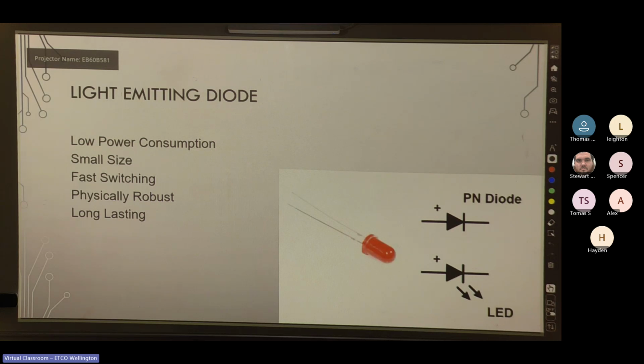Who can give me a reason why we might use LEDs versus fluorescent lights in particular installations? Yep, running costs. Can anyone think of a different reason? Heat, yeah, that's a good one. Low voltage, yep.